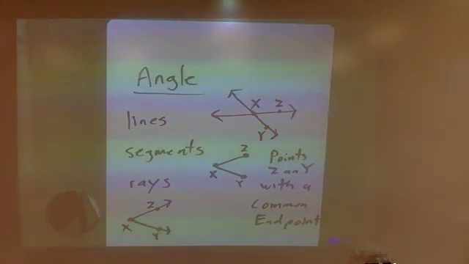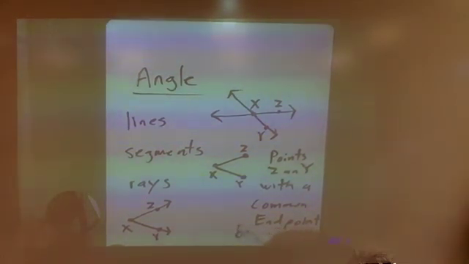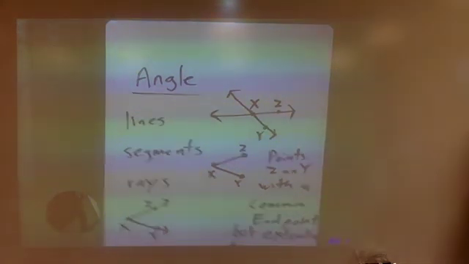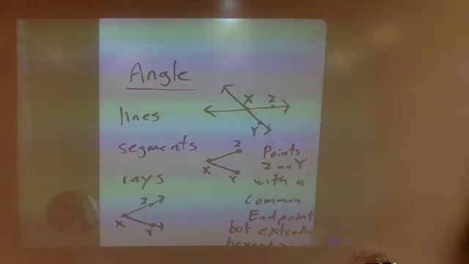I don't know how they would define this without using the word ray, honestly, because you might say something like, well, let's see how they did it. They might say points Z and Y with a common endpoint, but extending beyond Z and Y. So that's a little tedious to write all this out to describe that angle.